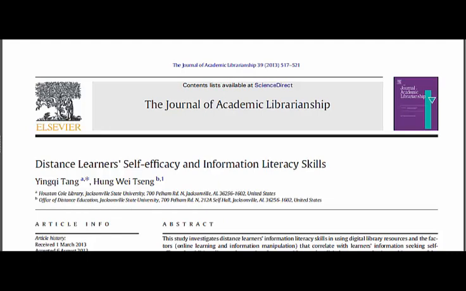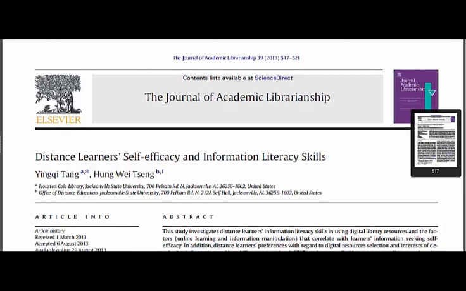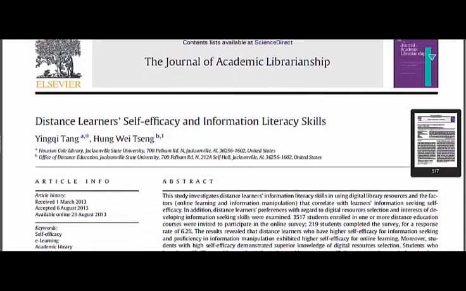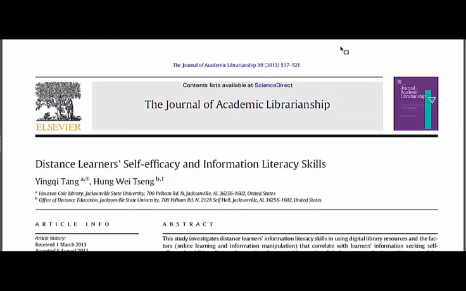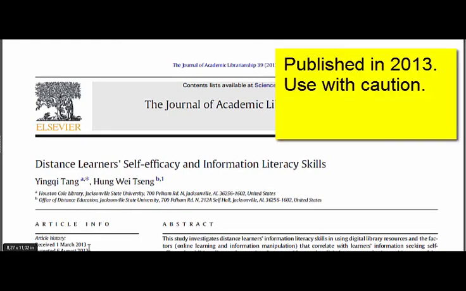So, let us summarize our observation about the currency of this article. We have established that this article was published in 2013. Therefore, this article can be used fairly as new research might have been published in relation to the topic. A rating of 8 out of 10 would be appropriate in this case.